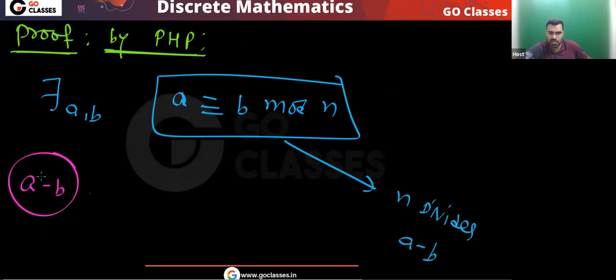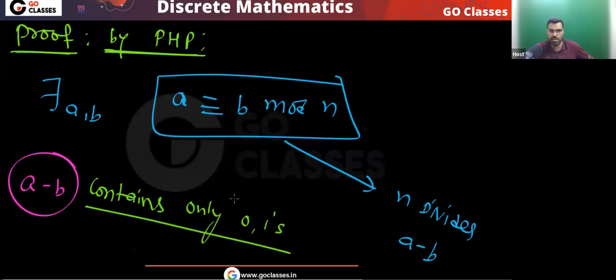So you can easily notice that a minus b contains only 0s and 1s. Okay, is this point clear? Did you understand this?